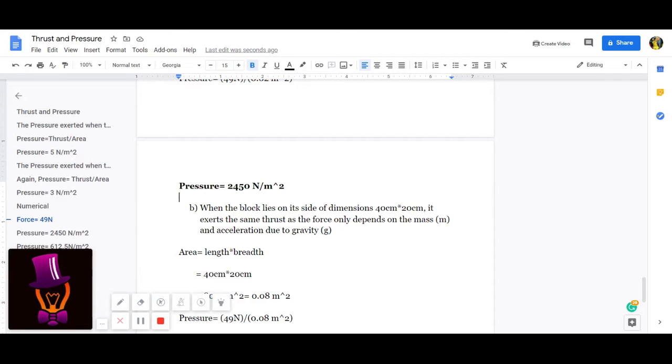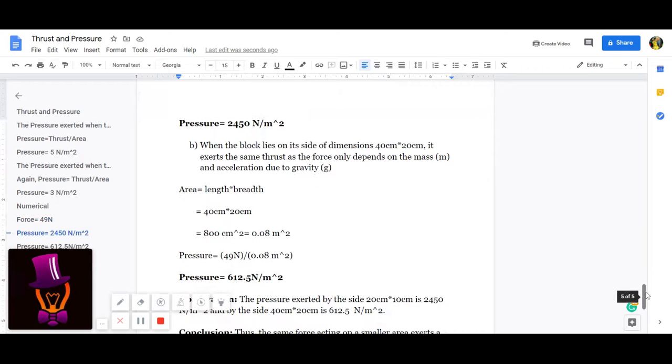So basically, the force or the thrust is the same because it depends on the mass and only the dimensions are changing in part B, but the mass and the acceleration due to gravity remain the same, whether the dimensions change or not. So therefore, the thrust will be the same, which is 49 Newton.